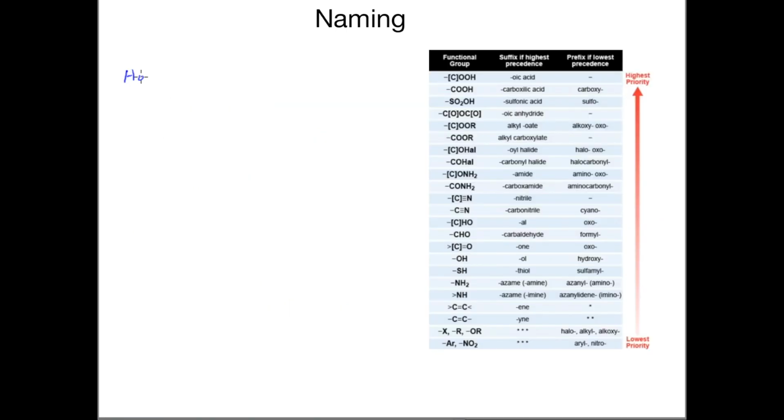Now, this is how you determine priorities here. There is a chart that you see to your right-hand side. It's also in your book, and it is in the slides that you have downloaded or are able to download on D2L. We look at our priorities here, and if we go down to the bottom, kind of ignore where my cursor is, we have the double bonds down there. You can see that we have XR and OR.